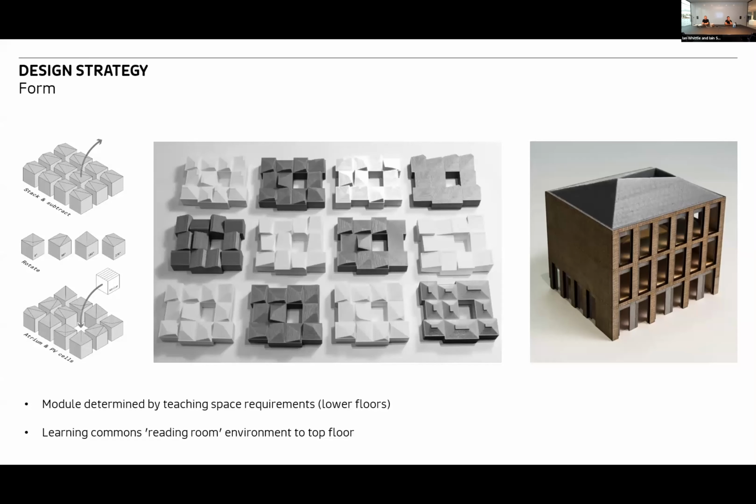The block on the right there is one of our concept models, which I've actually got in front of me here, that really went to the next level of detail on a typical module.